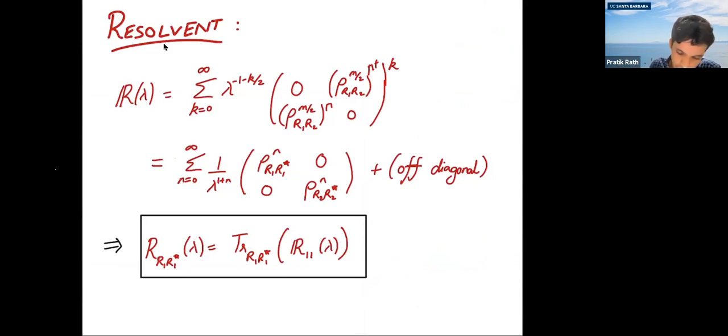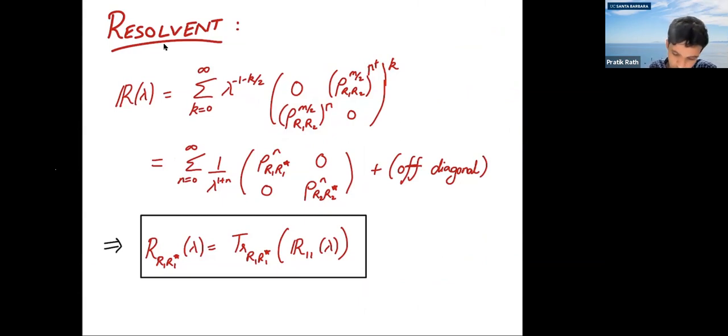We consider R of lambda, where we take rho to the m/2 with these gammas, with these involutions, as the off-diagonal elements, raise them to the power of k, and then sum over this index lambda. At this point, this doesn't necessarily have any meaning, but it'll be relevant for the reflected entropy calculation.